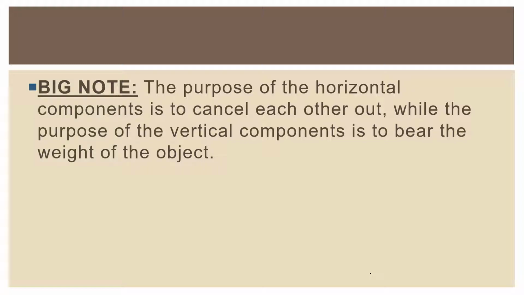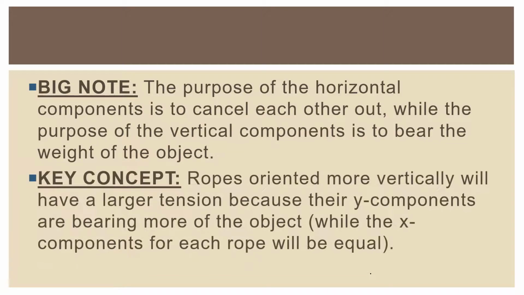Also, and we said this on Thursday, but just to sort of really drive it home, ropes oriented more vertically will have a larger tension because their y components are bearing more of the object's weight. That should really say bearing more of the object's weight.